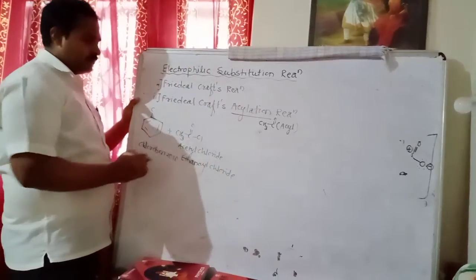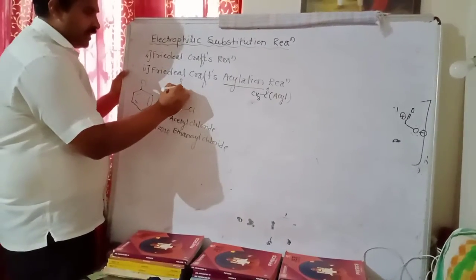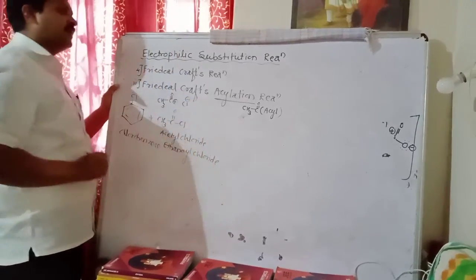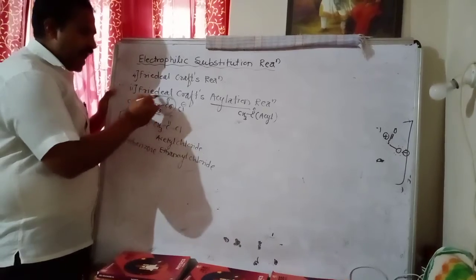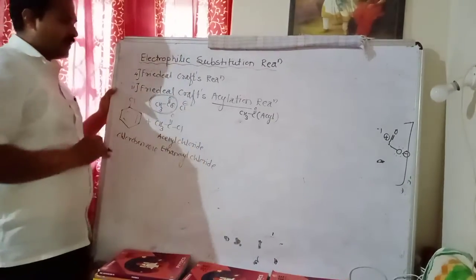What happens in this case? CH3CO carries a positive charge, and Cl carries a negative charge. CH3CO plus is the acylium ion, and it is the electrophile.